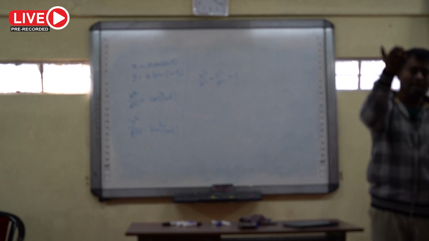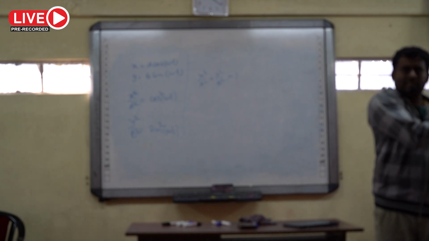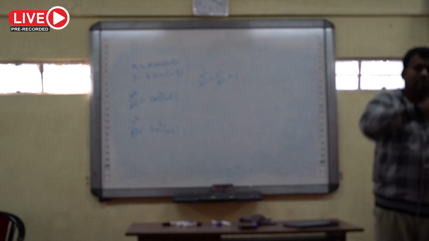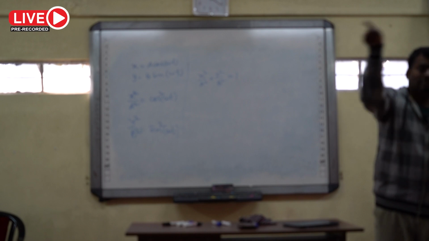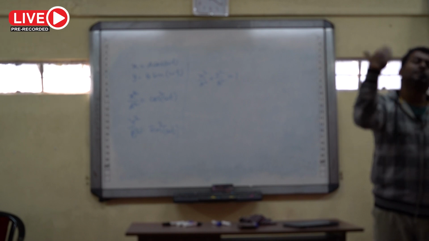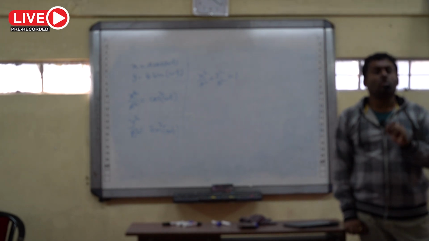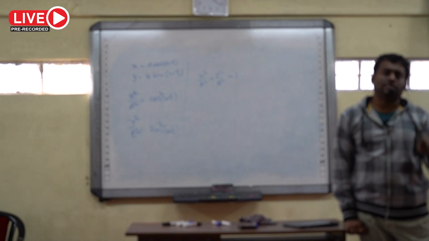If you have a solid cone and you are allowed to cut this cone in different ways. If you cut it horizontally, parallel to the base, you will get a circle, and if you cut it like this, then an ellipse will be formed. Similarly, you can cut in different ways such that all these figures will be formed. So all these figures come under a general topic called conic sections.